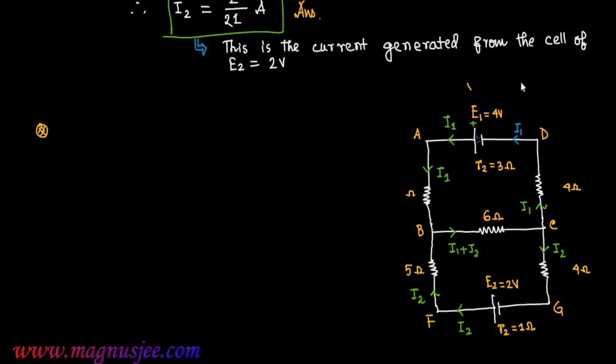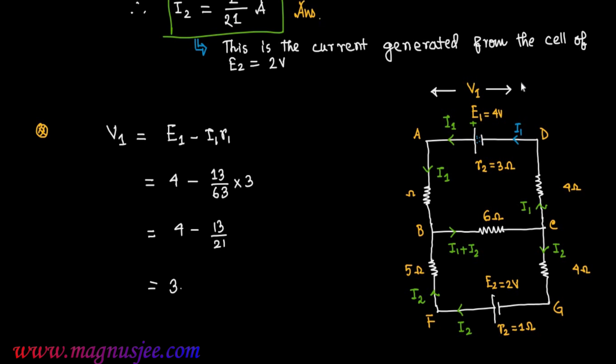Now we can find the terminal voltage V1 across the cell of EMF E1. V1 equals E1 minus I1 R1, that is, EMF minus lost volt. Putting the values, we get 4 minus 13 by 63 into 3, that is 4 minus 13 by 21.